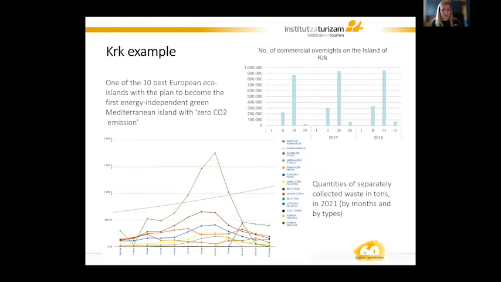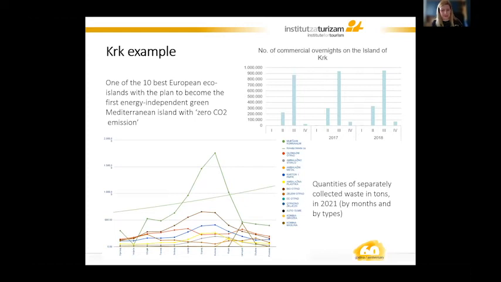But it's important to stress that, of course, they have a very high seasonality, which is fortunately getting a bit lower, as post- and pre-season in the last few years before COVID are becoming bigger.